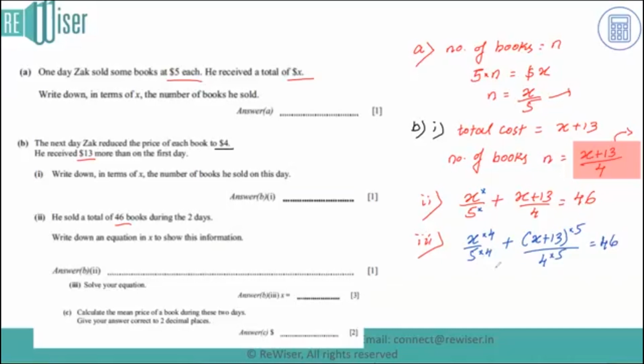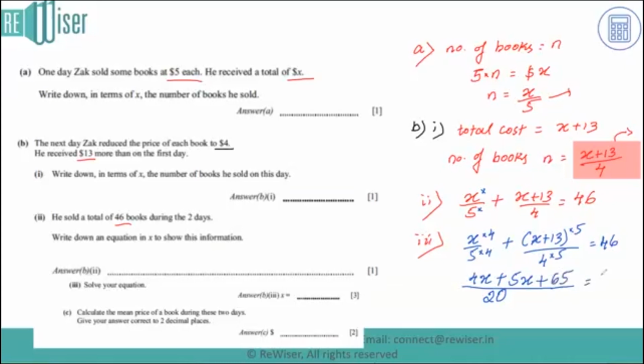Now we have the same denominator, which is 20, so the numerator is going to be 4x plus 5 times x plus 13. 5 times x would be 5x, and 13 times 5 would be 65.